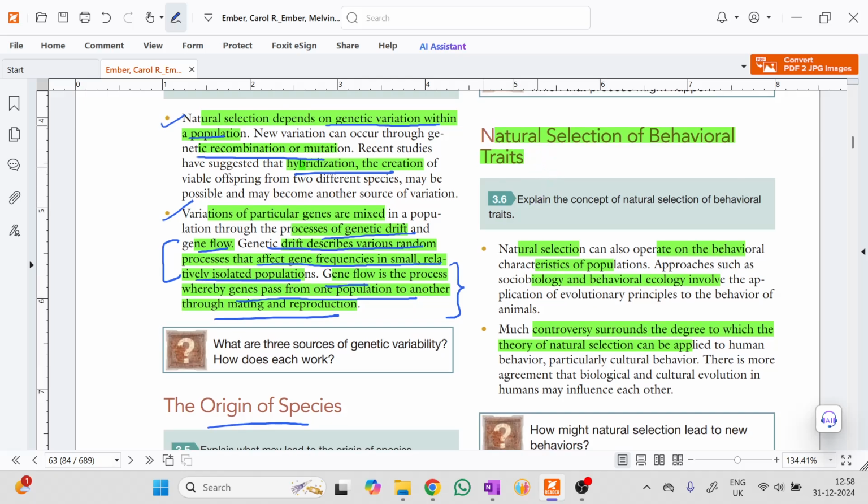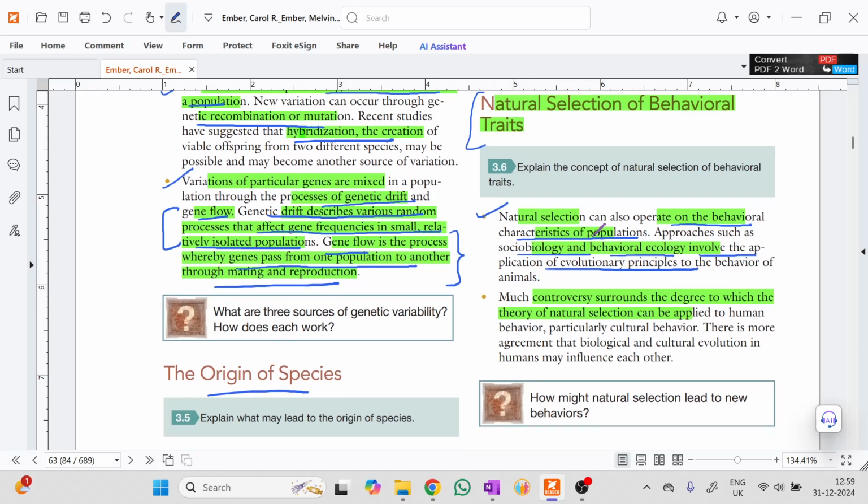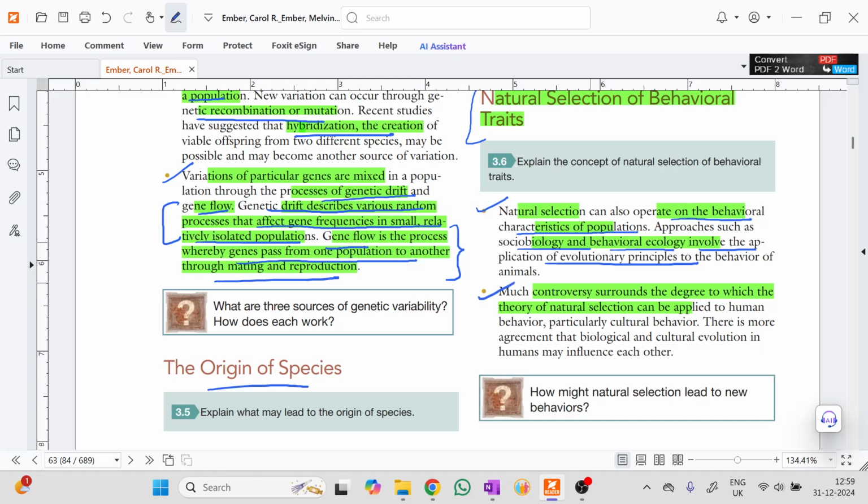Then natural selection and behavioral traits. Natural selection can also operate on behavioral characteristics of populations, and approaches such as sociobiology and behavioral ecology involve the application of evolutionary principles to the behavior of animals and humans. Much controversy surrounds the degree to which natural selection can be applied to human cultural behavior.